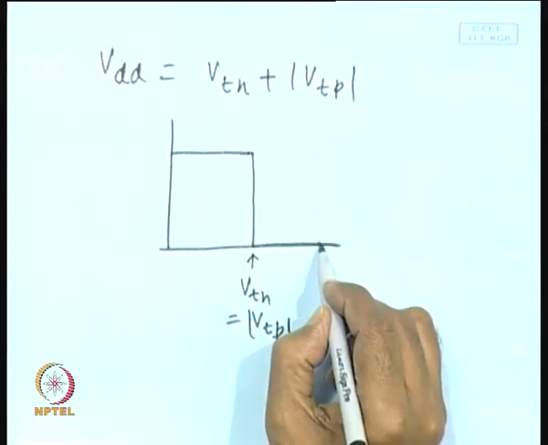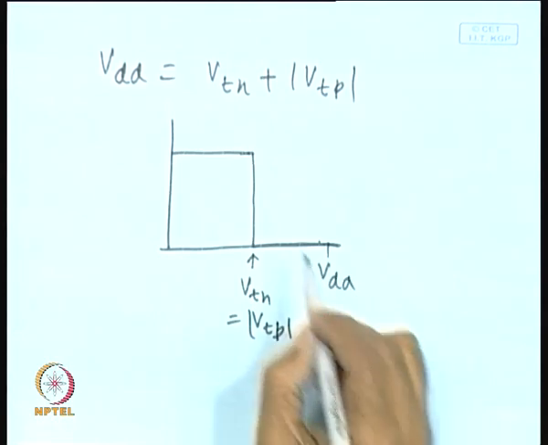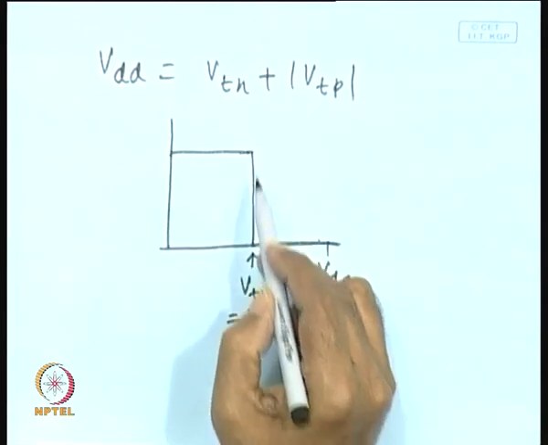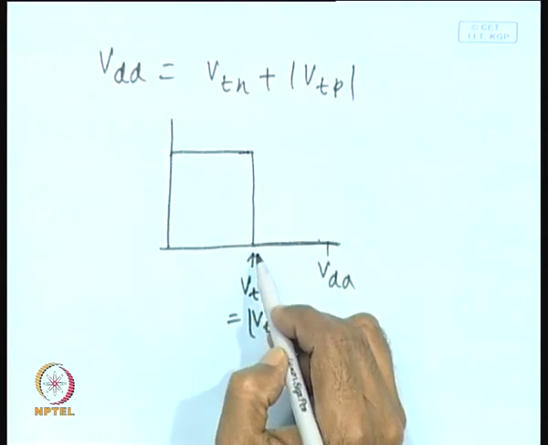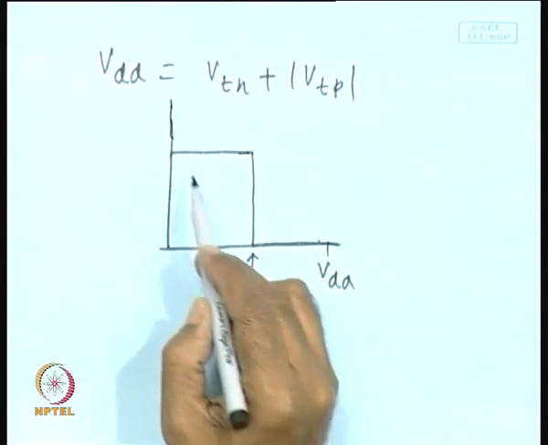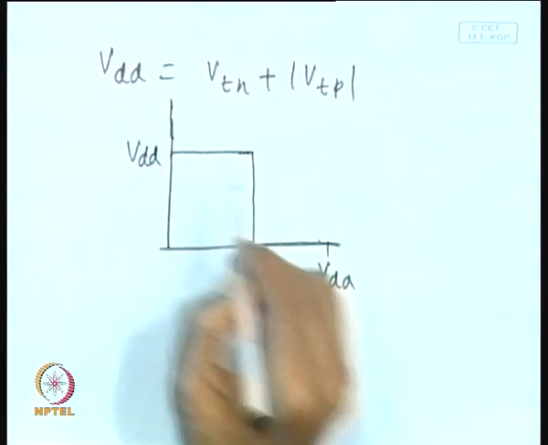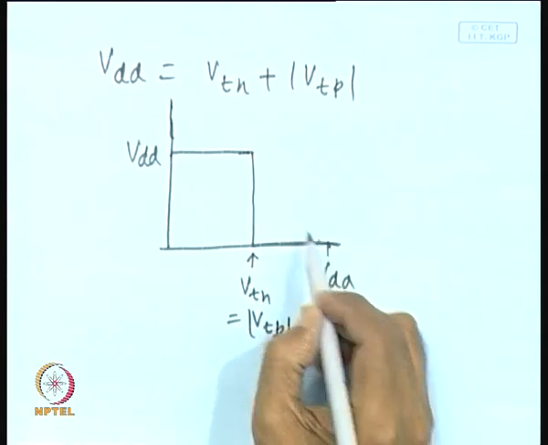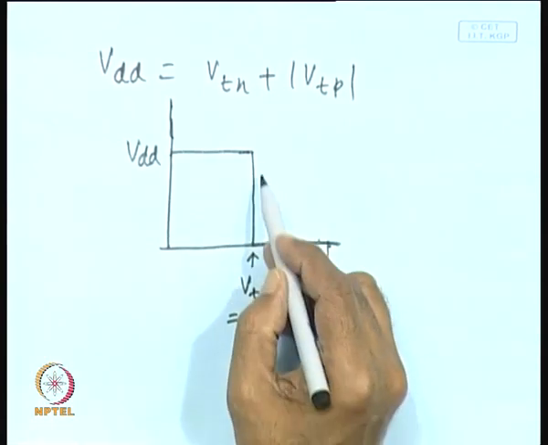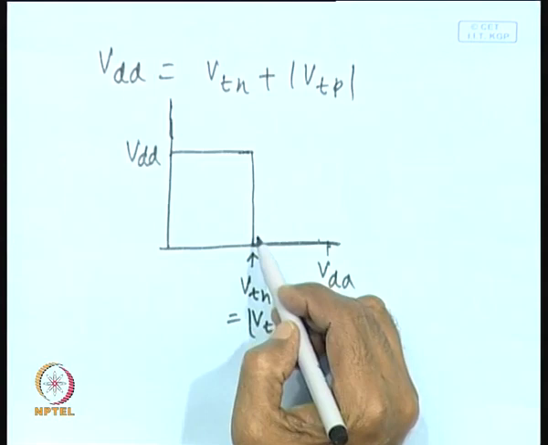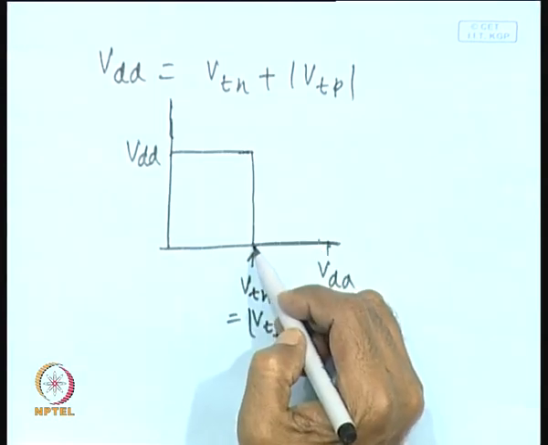This is the point, and of course, this is VDD. So, at this point we find there is no slow transition. That means, this is VDD and here it is VDD, and when the transition is occurring in the middle, it is changing abruptly and there is no current flow through the circuit.